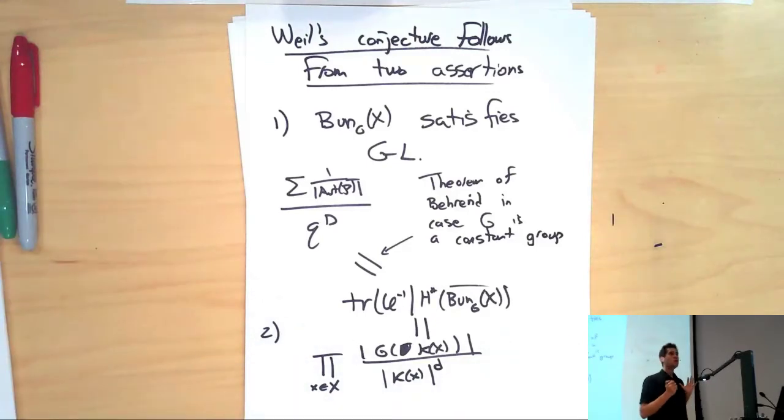Now, that's something that you can't always arrange in this picture. I should have mentioned earlier, I'm making some assumptions about the group scheme G in this story. The generic fiber of G, that's my algebraic group G_0, I told you should be semi-simple and simply connected.